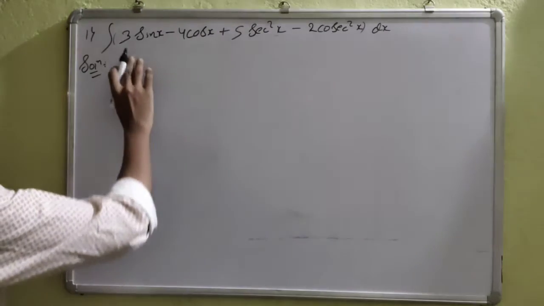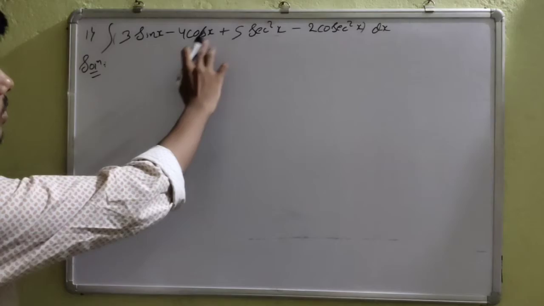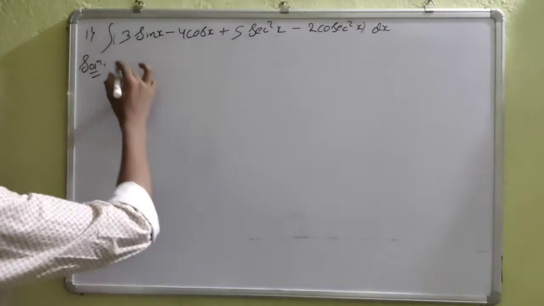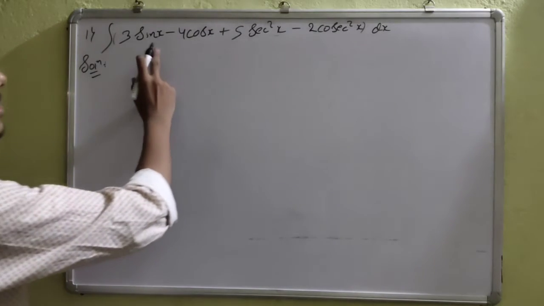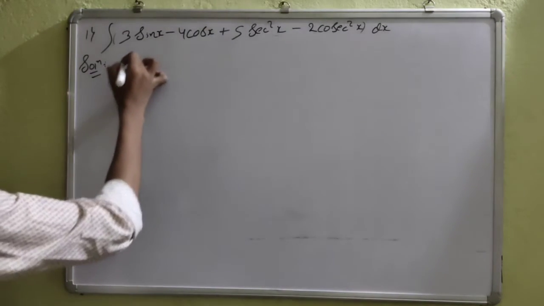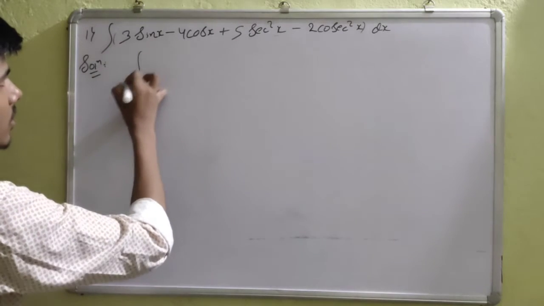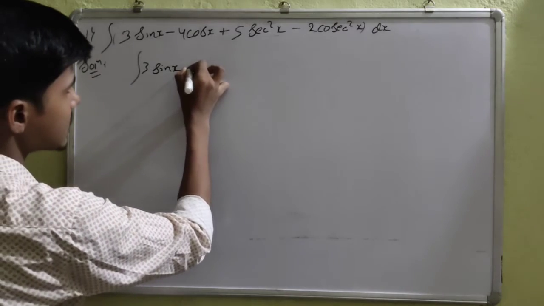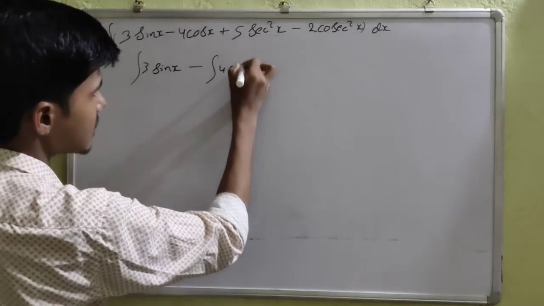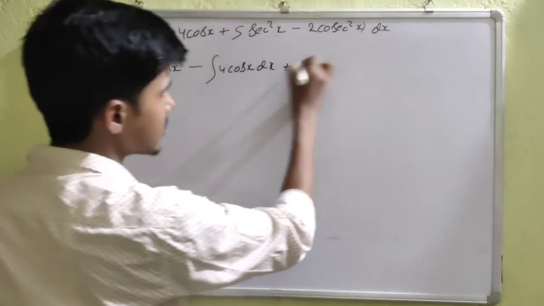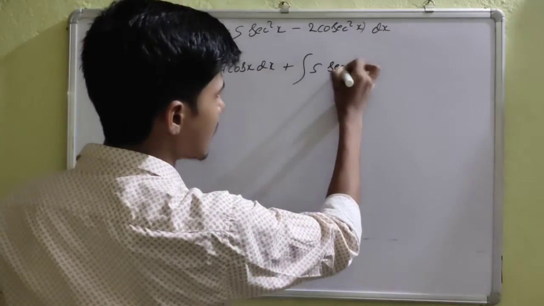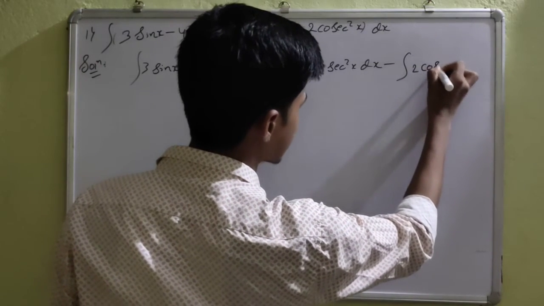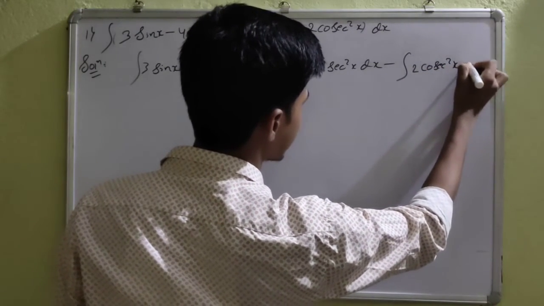Let's solve the question. Integration of 3 sin x minus 4 cos x plus 5 sec square x minus 2 cosec square x dx. So first of all we have to separate all these functions as integration of 3 sin x dx minus integration of 4 cos x dx plus integration of 5 sec square x dx minus integration of 2 cosec square x dx.